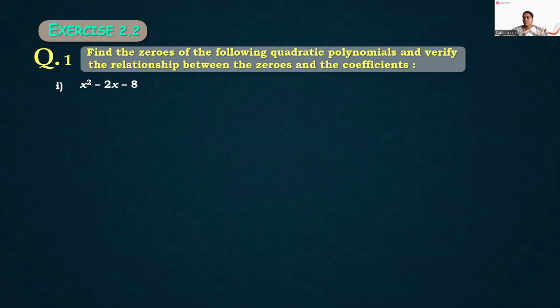What are they asking you to find? Tell me. How to find zeros of the polynomial? I told you how to find zeros of the polynomial. We are going to solve using the factorization method, that is easy for you to learn. I will teach you now.